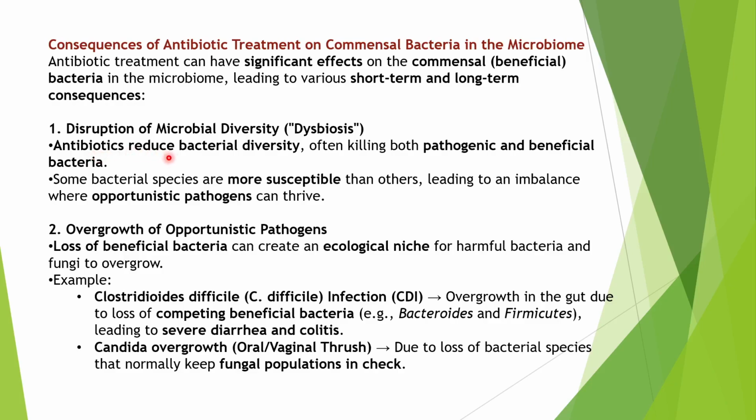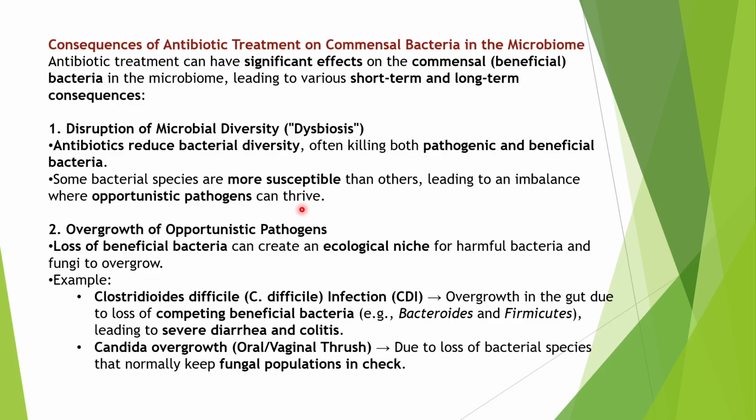So, the antibiotics reduce bacterial diversity, often killing both pathogenic and beneficial bacteria. Some bacterial species are more susceptible than others, leading to an imbalance where opportunistic pathogens can thrive. So, basically, one of the key functions of your residential microbiome, your beneficial microbiome already present in your body, is it helps you fight against pathogens.